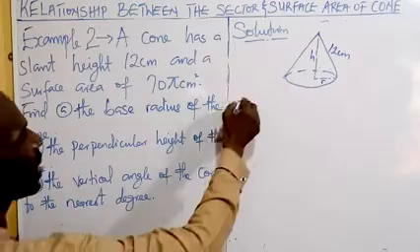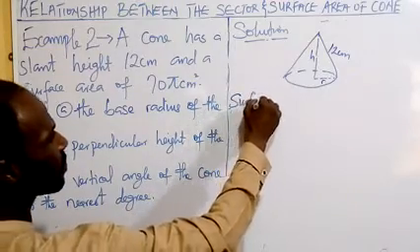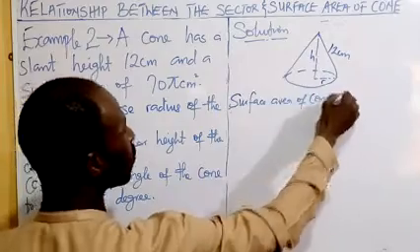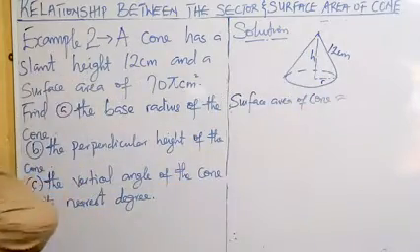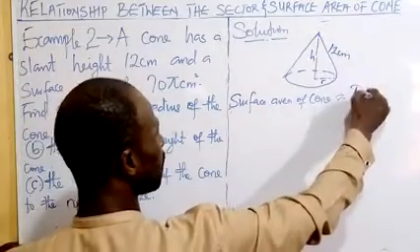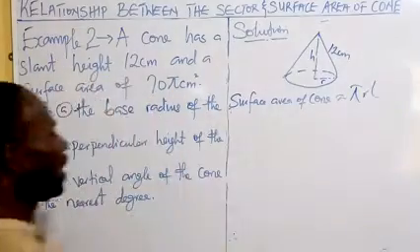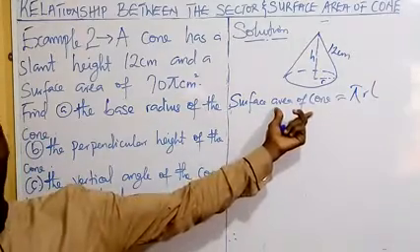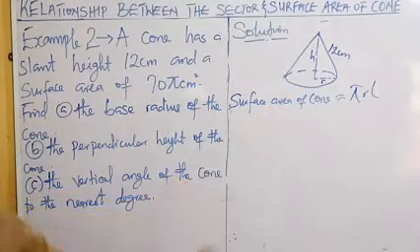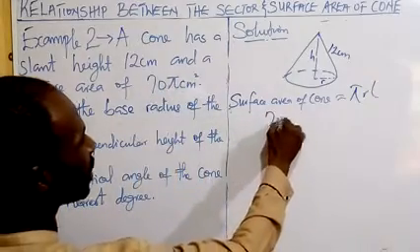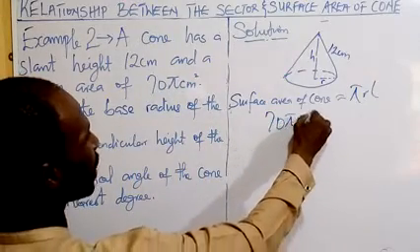So the surface area of the cone is equal to pi RL. Don't forget, the value of the surface area of the cone has been given as 70 pi centimeter square.